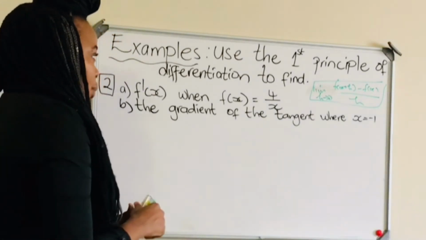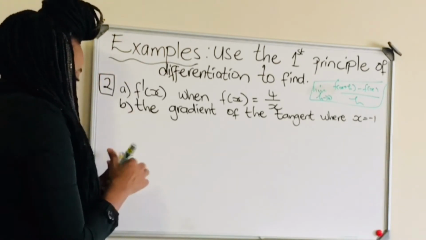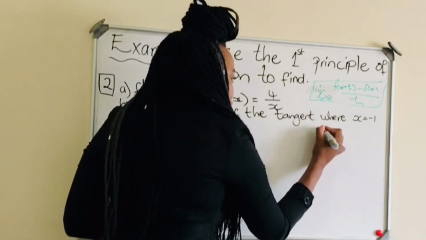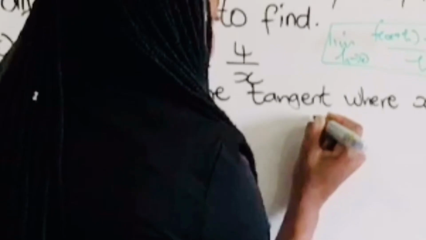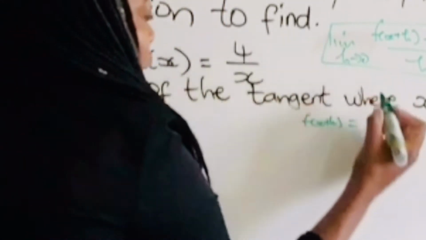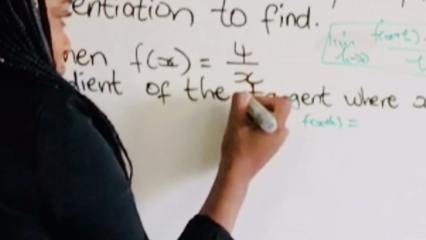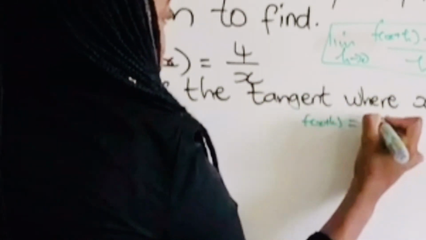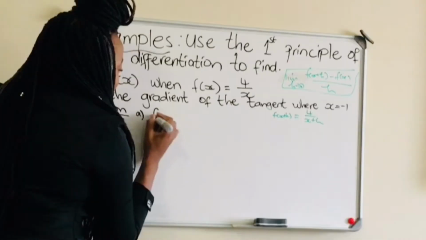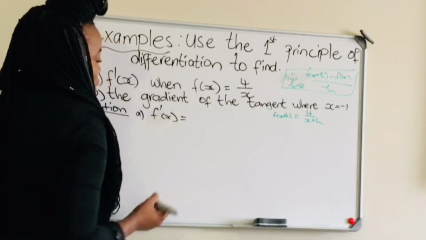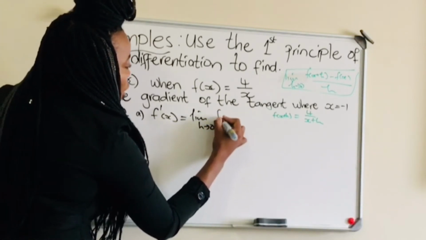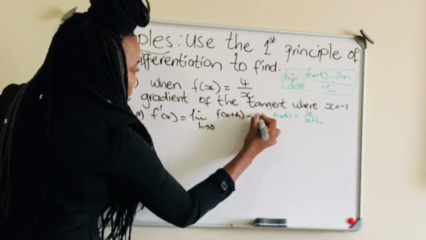So let's see now. In A, for our solution, we want to know first what our f of x plus h is. Remember, f of x is 4 over x, so f of x plus h will be 4 over x plus h. In A, f prime of x is equal to the limit as h approaches 0 of f of x plus h minus f of x.